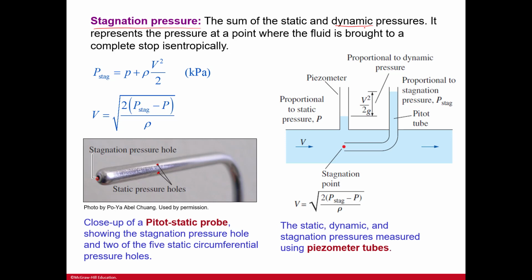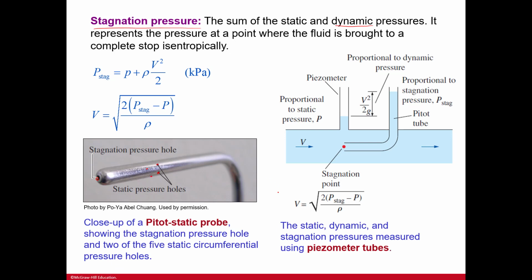Okay, and so here's a close-up of a pitot-static probe showing the stagnation pressure hole and 2 of the 5 static circumferential holes. So there's one right here, probably one right here, and then one right here on the other side.